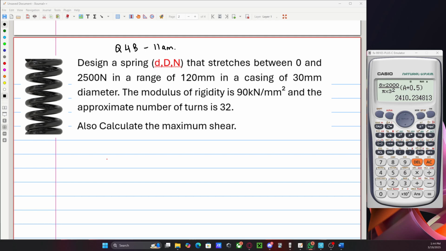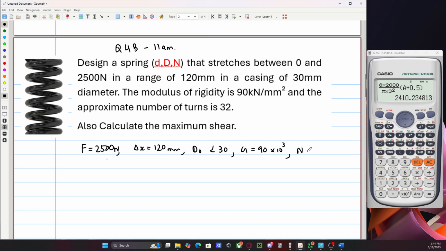So we were going to do the exact same thing that we did earlier. So what's given to us? We're given F equals 2,500 newtons. The range, or del X, is given to you 120 millimeters. And the outer has to be less than 30. Then G has to be 90 times 10 to the power 3.